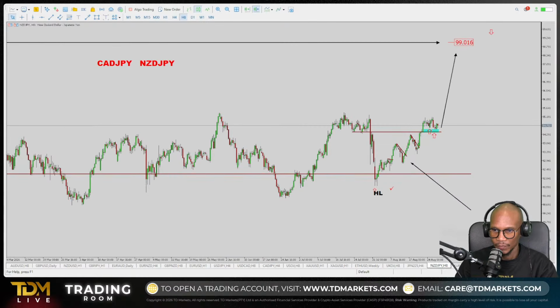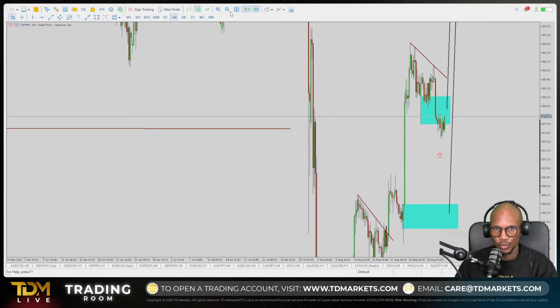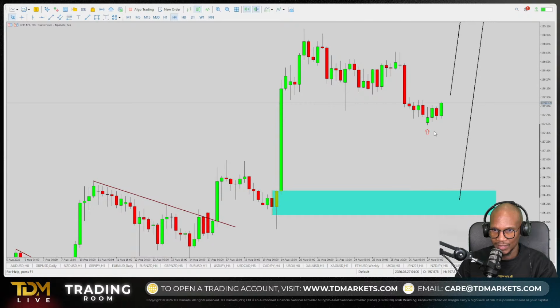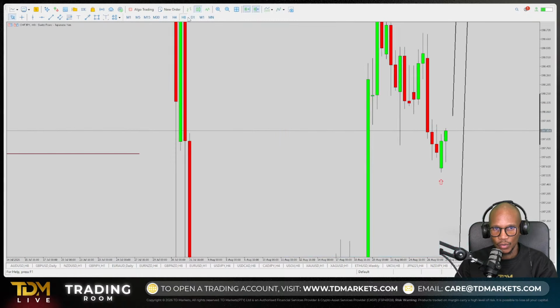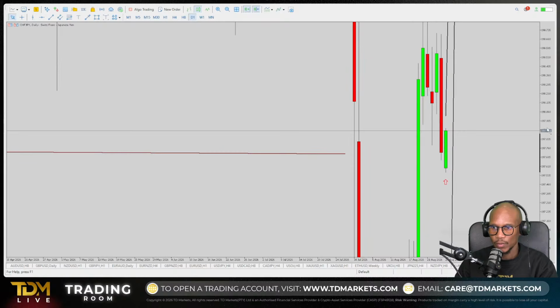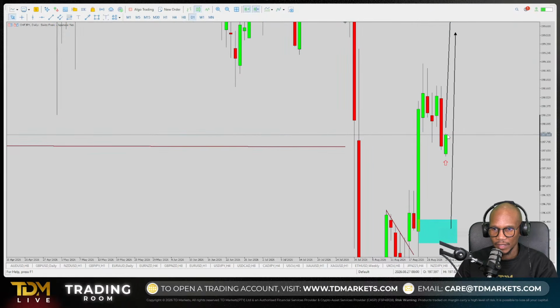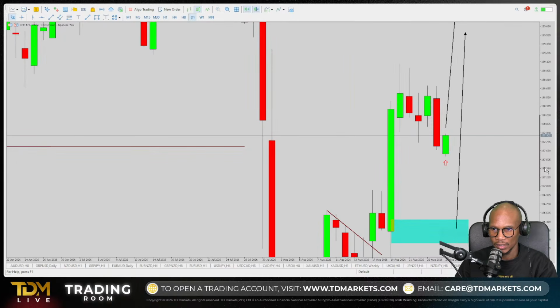NZD JPY, Swiss yen. So Swiss yen, this is where we are right now. We've got the new low. Remember, it can still come back and tap this zone. If not, it will just go up, because that's a demand zone right there. Because we have this possibility, for me, how the daily candle closes is going to be important.